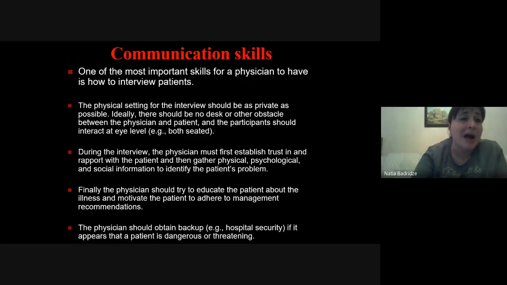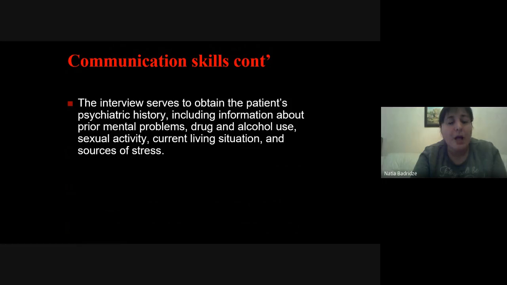The interview serves to obtain the patient's psychiatric history, including information about prior mental problems, drug and alcohol use, sexual activity, current living situation, and sources of stress. All these factors we should take into account and gather during the interview to determine the further treatment plan for this particular patient.